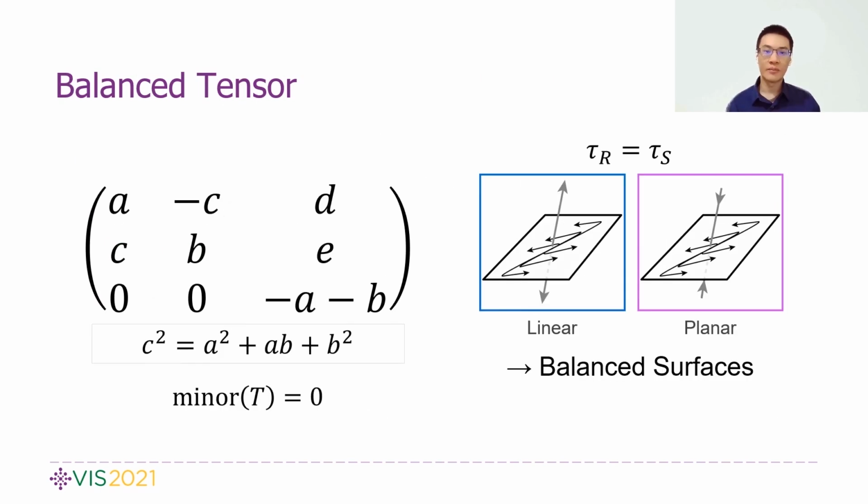Then we define the balanced tensors where the strengths of R and S are equal. These balanced tensors have the real Schur form where C squared equals A squared plus A times B plus B squared. Note while A and B are 0, the tensor is also triple degenerate. Furthermore, the balanced tensors form surfaces which can be characterized with the minor of the tensor.